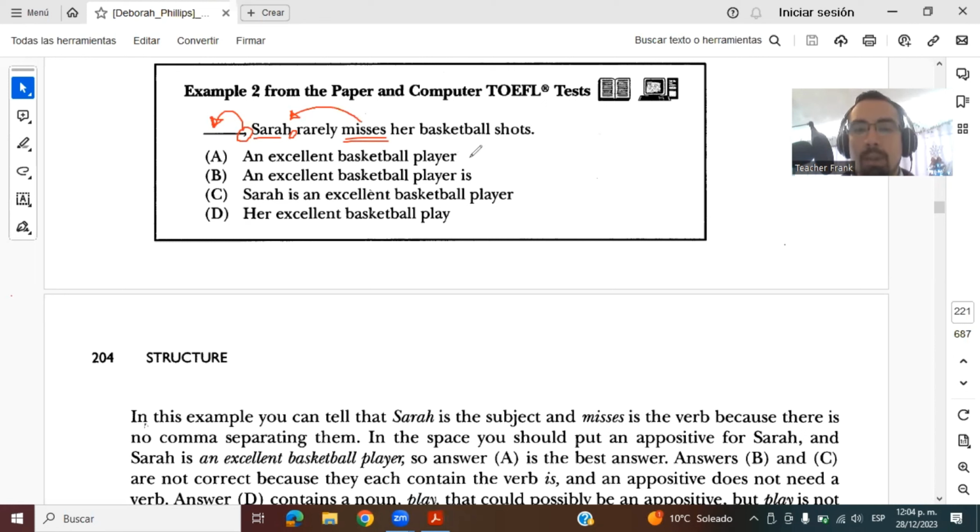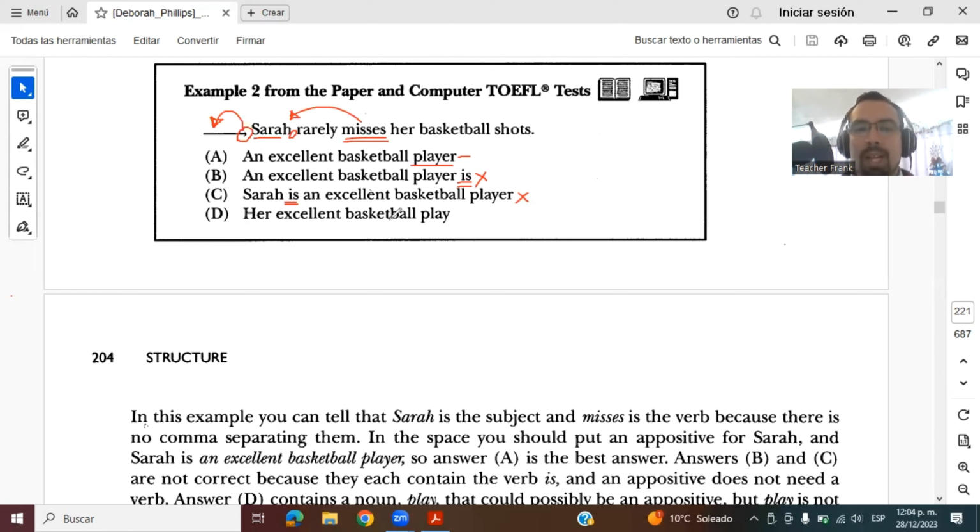An excellent basketball player could be, there's a noun, player, and it's just describing the player. An excellent basketball player is, ooh, we have a verb here. We don't need a verb because we have misses, so that's incorrect. Sarah is an excellent basketball player is also not necessary because we already have a verb, misses.